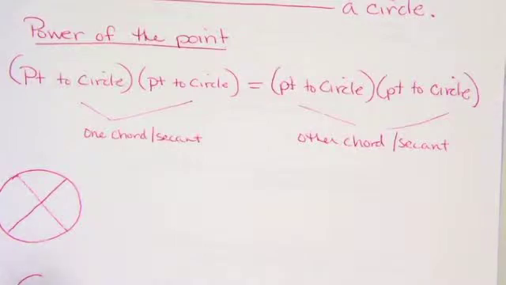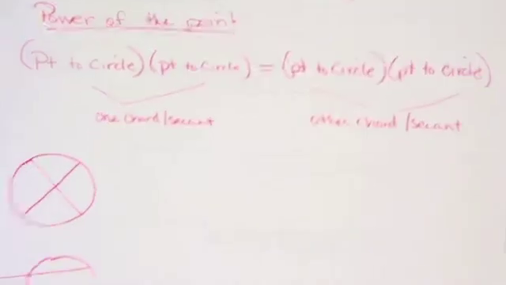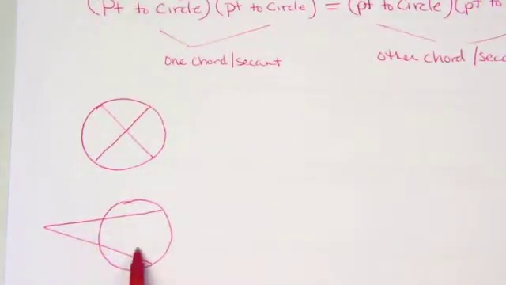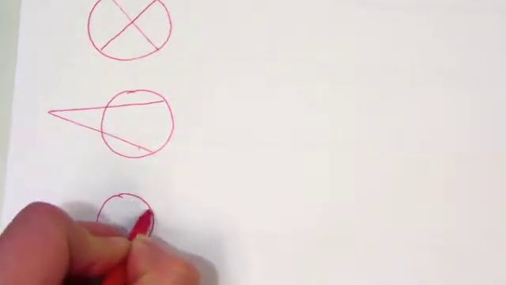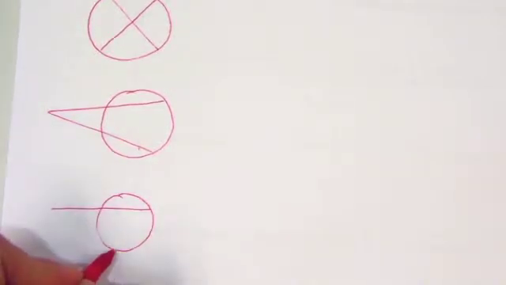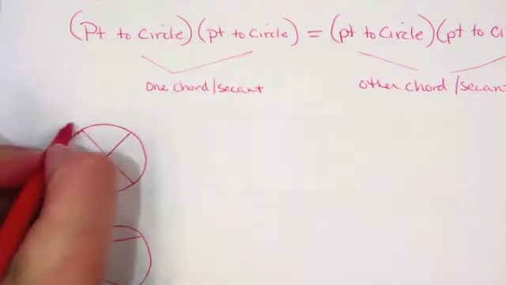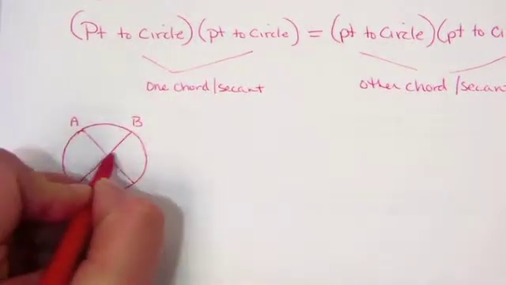We have a situation of secant, secant. And we have another situation of secant and tangent. And for each of these, you're going to be focusing on the segments, not the angles. I'm going to put some letters in here.